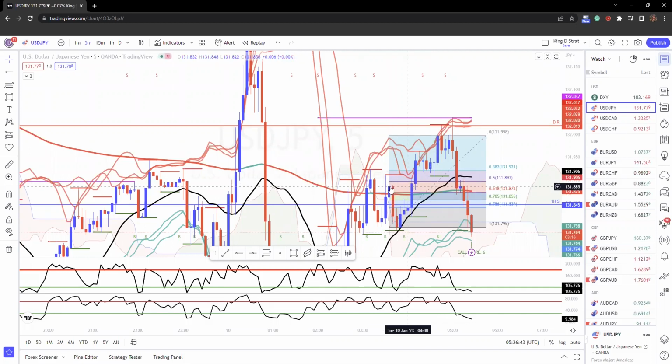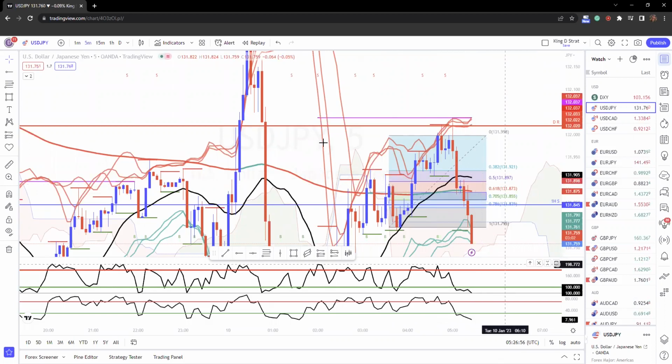You can see when we look to the left, we have a resistance that was broken. That was what confirmed this area for us, which was why we took that trade. If you took it the first time, you got the reaction. The second time, we got the reaction and we cleared before it continued, because I think JPY is strong right now. Did that answer your question, Mr. Kelvin?